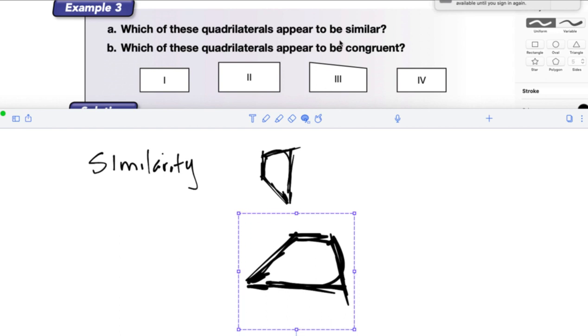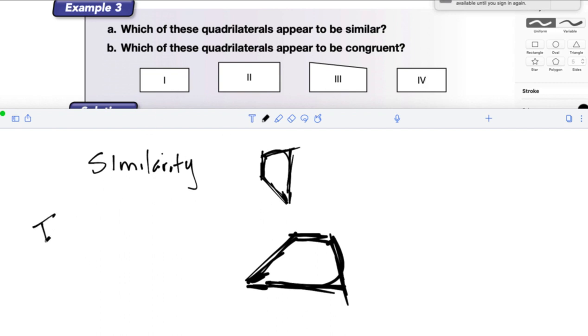Which of these quadrilaterals appears to be similar? Appears to have the same exact shape, even if the sizes aren't the same. Which of the quadrilaterals seem to be similar? So to me, I'm looking at these, and this is clearly not a rectangle. This one is called a trapezoid. But these three rectangles look similar to me. However, I know what the textbook is doing.